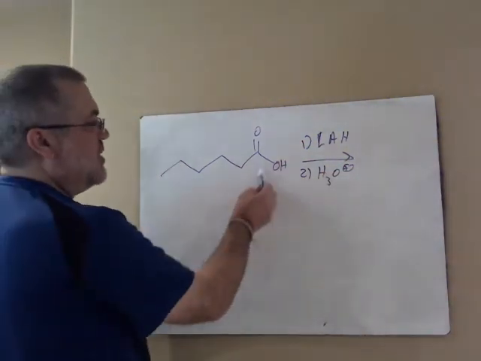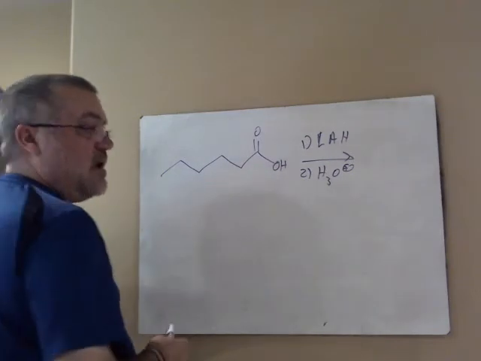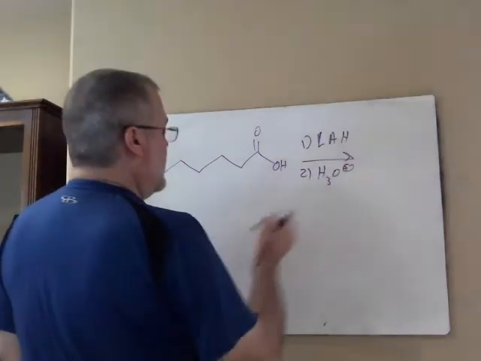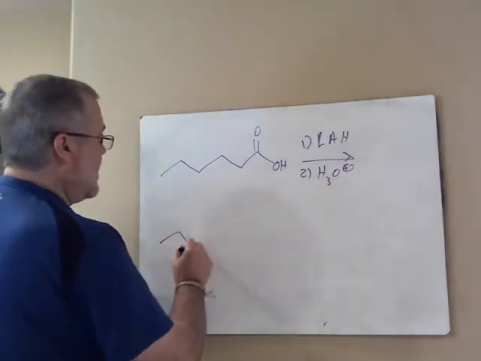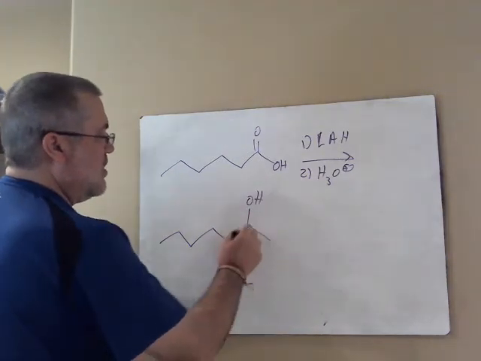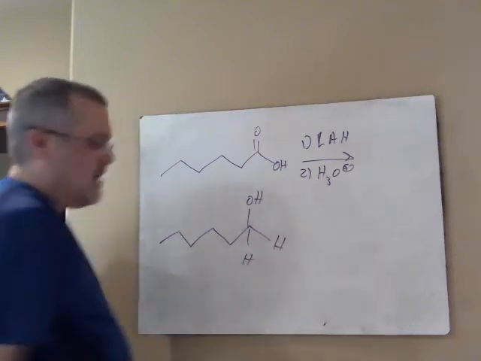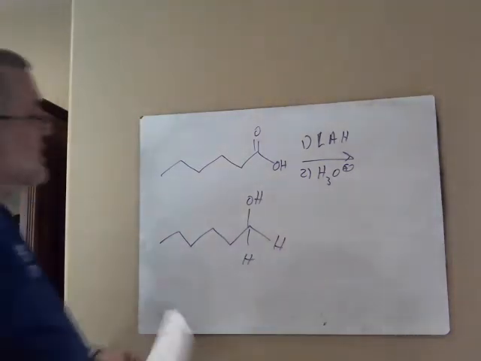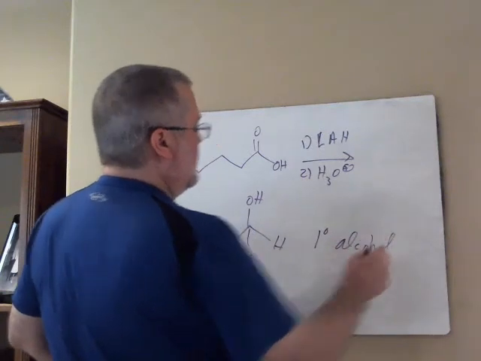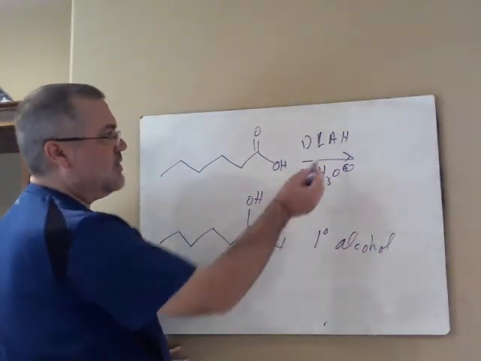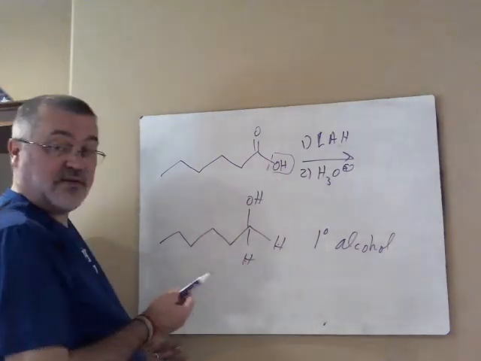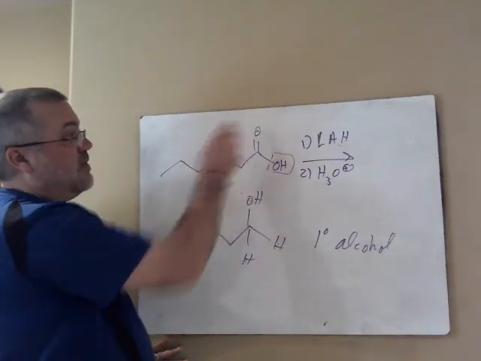Well, this is going to be the group that's substituted initially, and then the addition, so two equivalents of hydride are going to react. So I'm going to form that alcohol and have the two hydrides that have added. And so that ends up again being a primary alcohol. These are the two equivalents of hydride that have added. This gets replaced. This oxygen is the one that was the carbonyl.